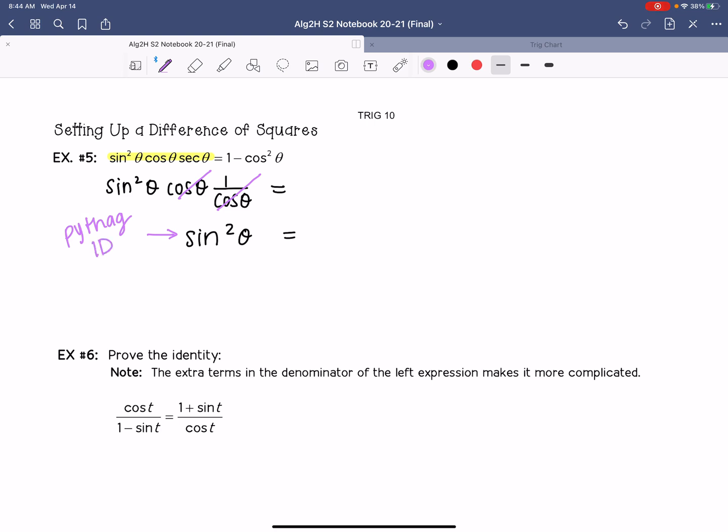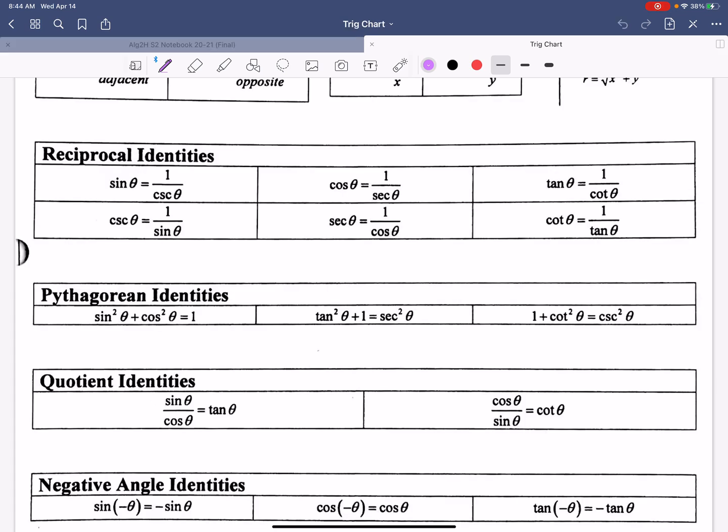Okay, so let's look at our Pythagorean identity. So the ones that have sines and cosines, this one, I want to know what sine squared theta is equal to. So to get sine squared theta by itself, I would subtract a cosine squared theta, so I'm subtracting it from both sides.